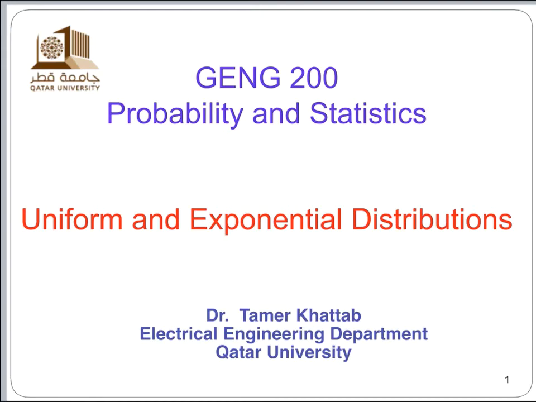So in this part, we will discuss the continuous random variables. There are three types of continuous random variables that we discuss in this course. The first couple are the uniform and the exponential distribution, and then in a separate lecture, we will also discuss the normal distribution.